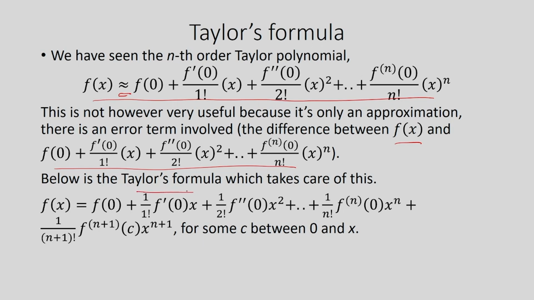The Taylor formula actually takes care of this error. So, here we write this up till this, but then there is an error term. The error term is given by f^(n+1)(c) multiplied by x to the power n plus 1 divided by factorial n plus 1. And what is c? c is some value between 0 and x.